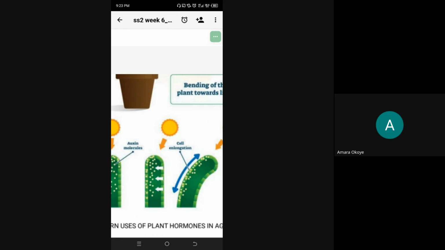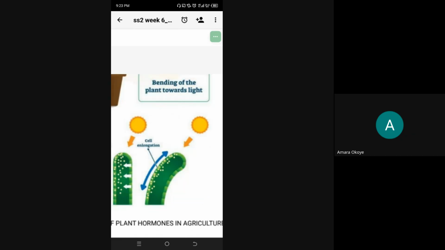They leave that place that is so bright with light and go to the shaded area. Once they go to the shaded area, it makes the cells there elongate. So the cells elongate and bend towards the sunlight. Do you understand? Okay, sir.